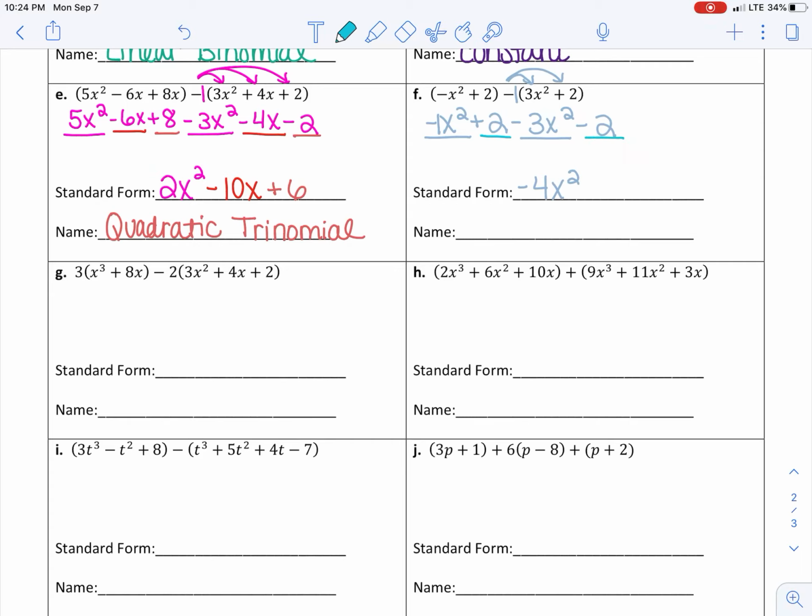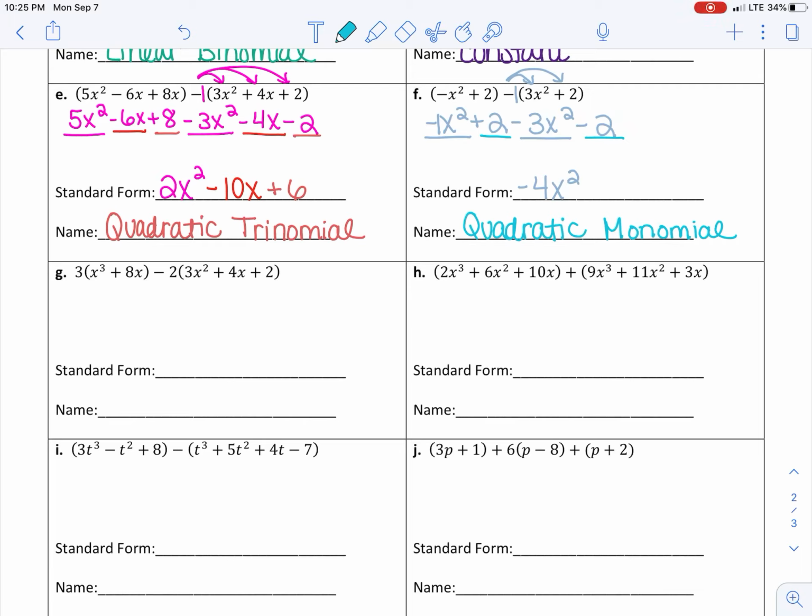I don't want to put plus 0 there, that's unnecessary. We don't need to add 0 or subtract 0. It's still going to give us the same thing. So in our simplified standard form, we have negative 4x squared as our final answer. To name this, we look at our exponent, 2, and that is a quadratic. And then the fact that we only have one term makes this a monomial.